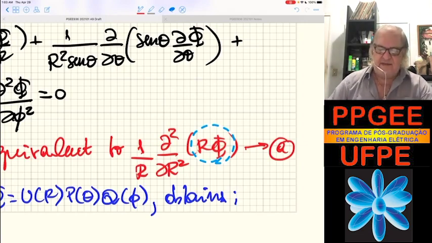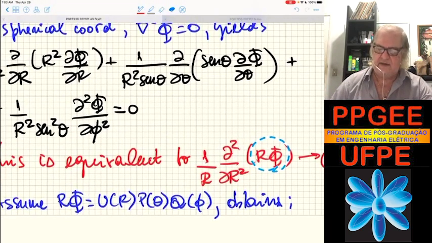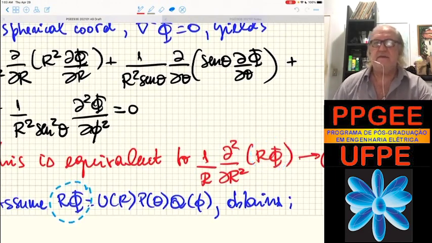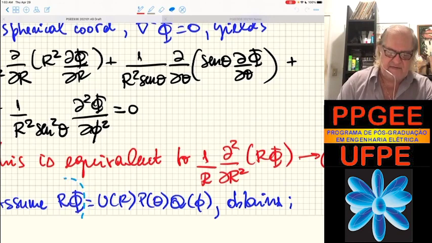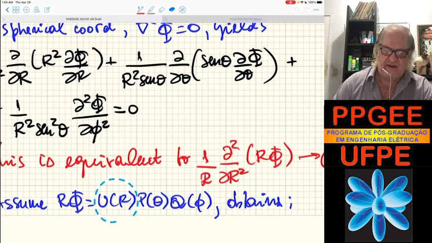So let's use the same technique. We are going to assume, for simplicity, just to gain some time, otherwise we would lose some time remaking the whole definition. So instead of phi, we are going to define r phi as a product of three independent functions.